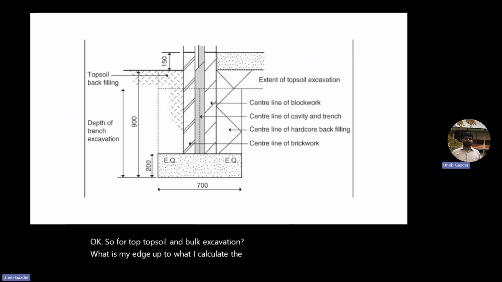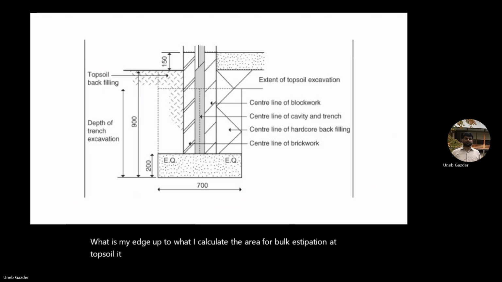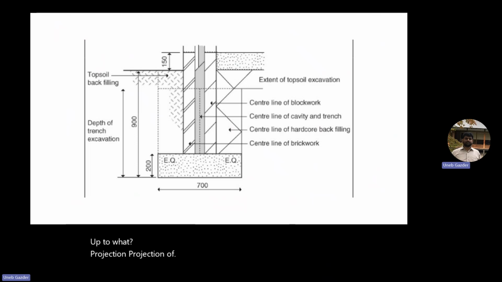For bulk excavation and topsoil, it was same. Up to what? Huh? Projection of the footing. Okay, the external projection of the footing. Same thing for topsoil and bulk excavation both.